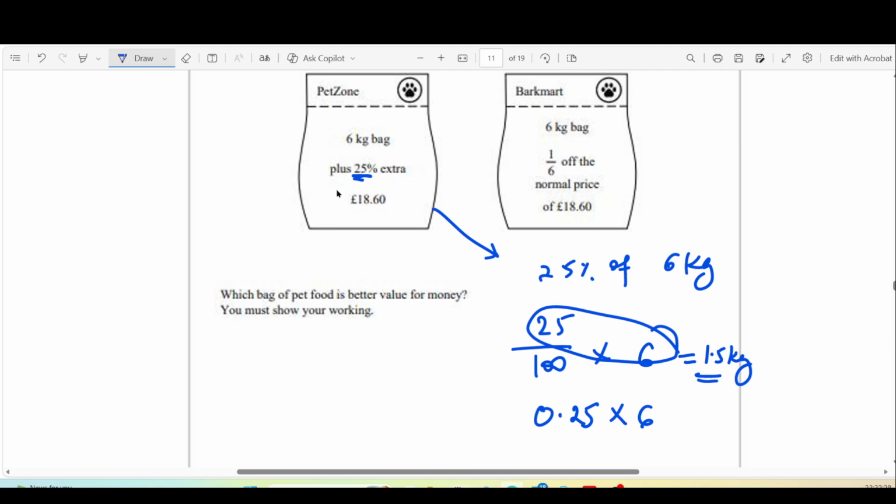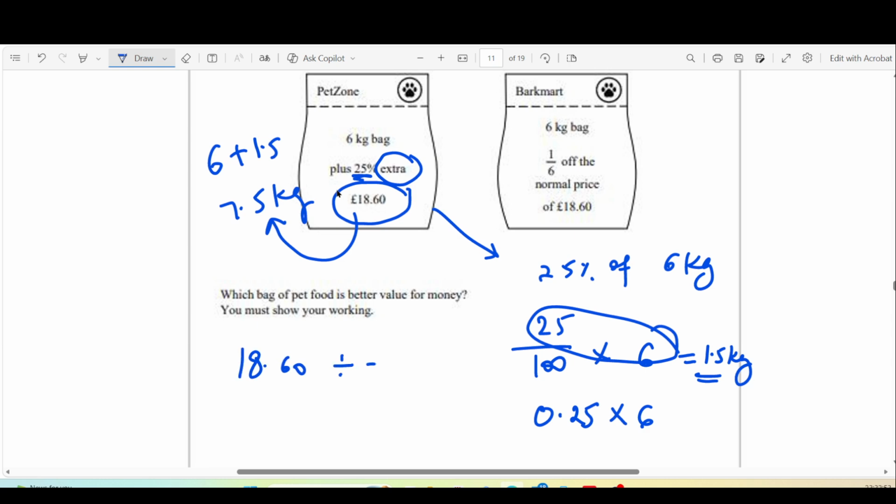Because this is extra, we have to add this 1.5 kilograms to 6 kilograms, which is 7.5 kilograms, and the total cost is the cost of 7.5 kilograms. Now we have to find the cost per kilogram to compare. If I divide 18.60 by 7.5 kilograms, I will get the value per kilogram.